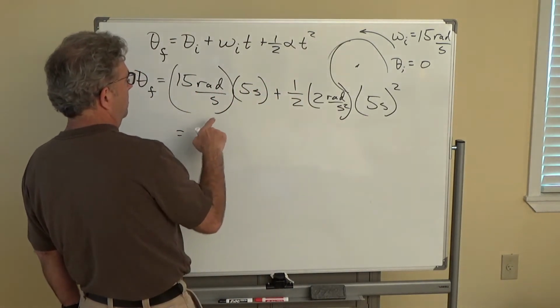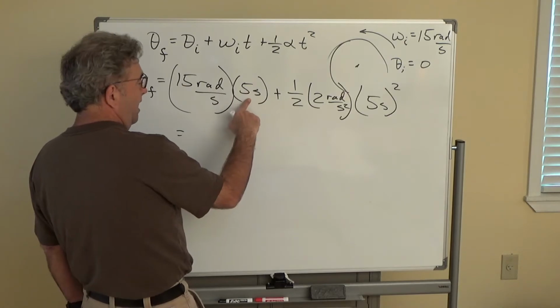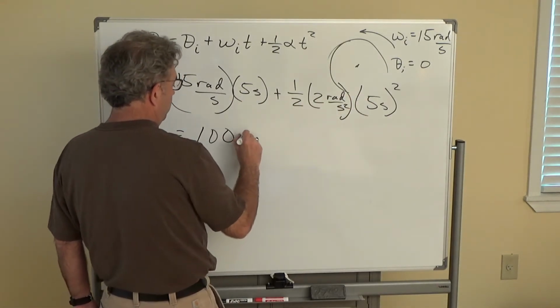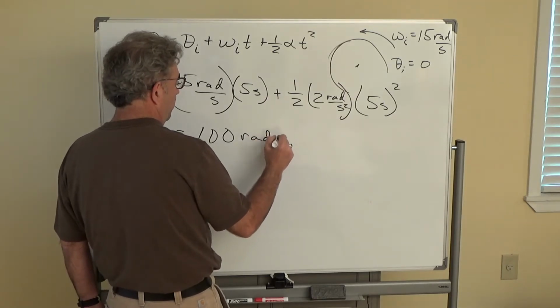This is 75, the 2's cancel, 25, so 100 radians. Nice and simple.